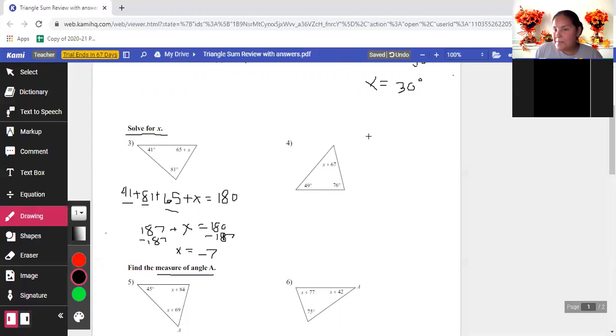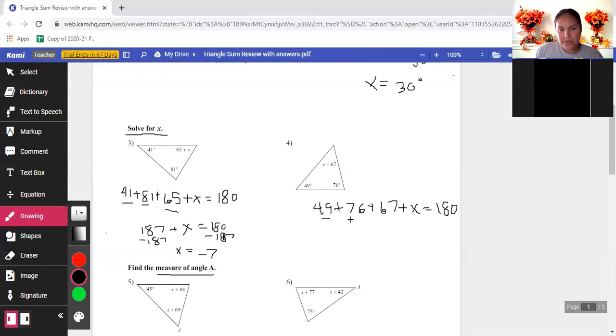So number 4, exact same thing, just with different numbers. I have 49, 76, 67, my X equals 180.